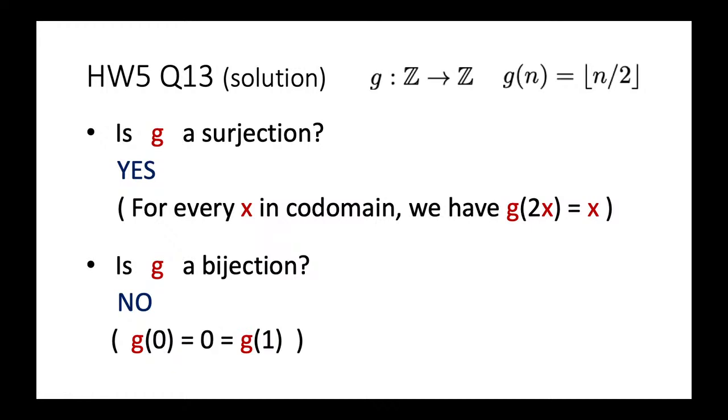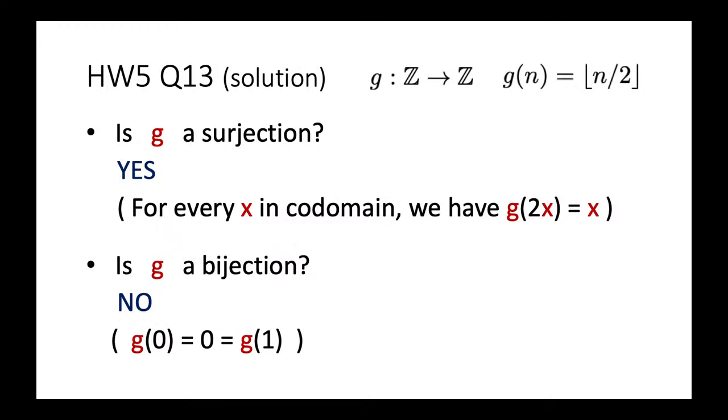We find that g of 0 and g of 1 both map the values 0 and 1 to the value 0. So g of 0 and g of 1 are equal to 0. In that case, it is not one to one. It is at least two to one, or many to one. So it is not an injection.